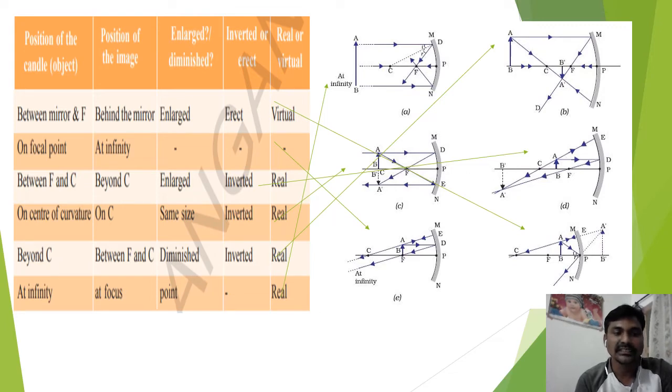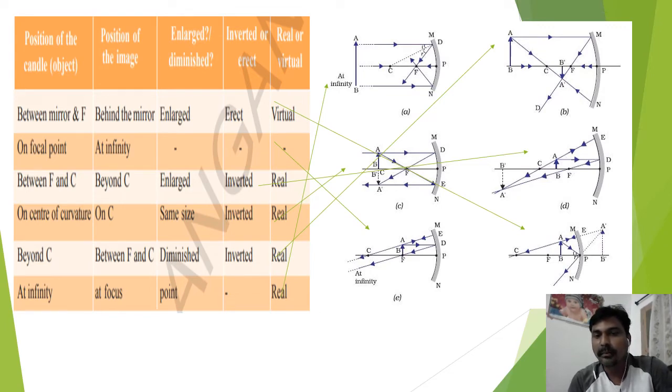And in the sixth case, when we place the object at infinity, we get the image at focus, and the nature of the image is point size, very small, so we cannot say whether it is inverted or erect because it is point size, and it is a real image because we can capture it on the screen.